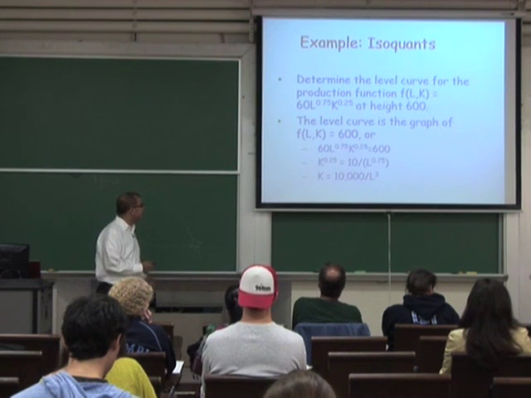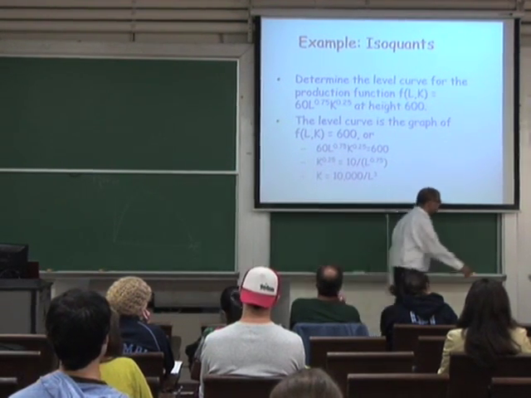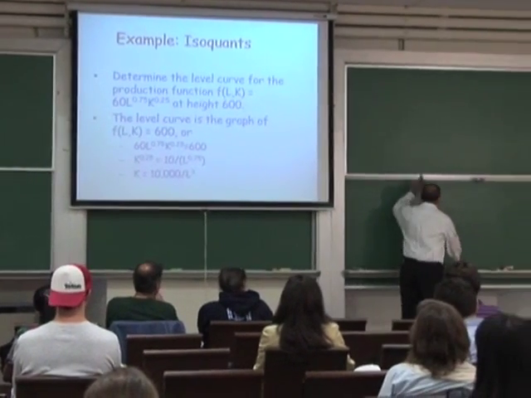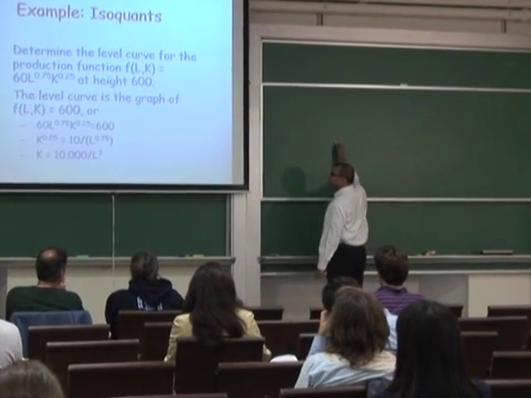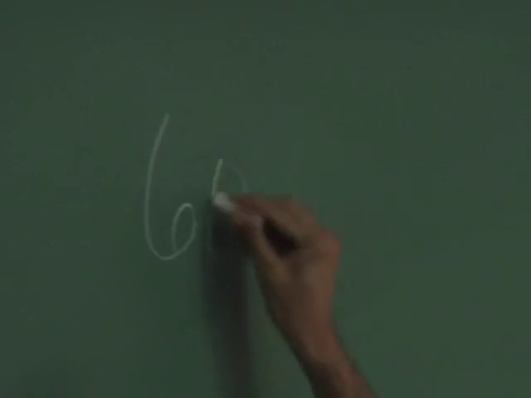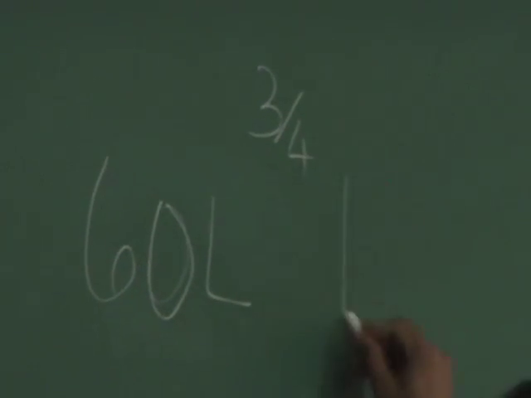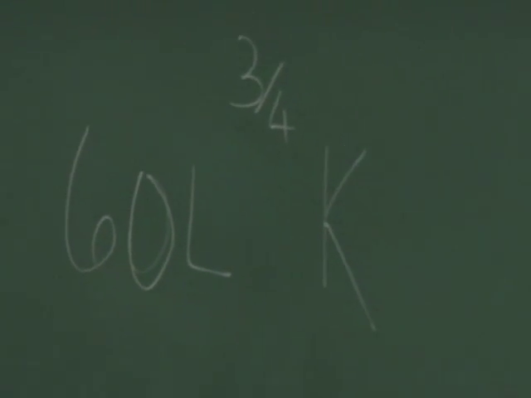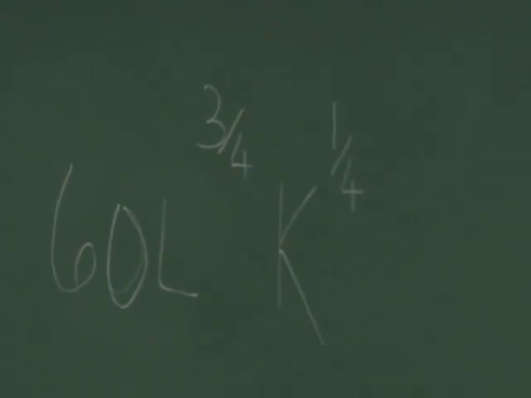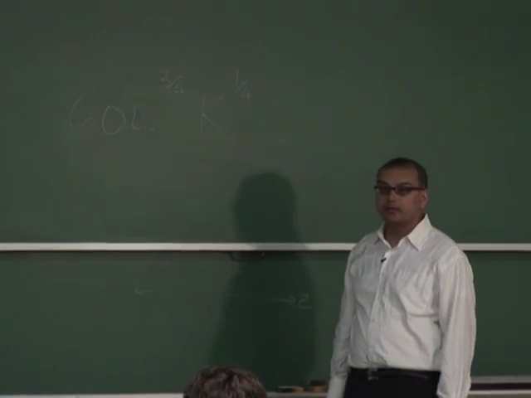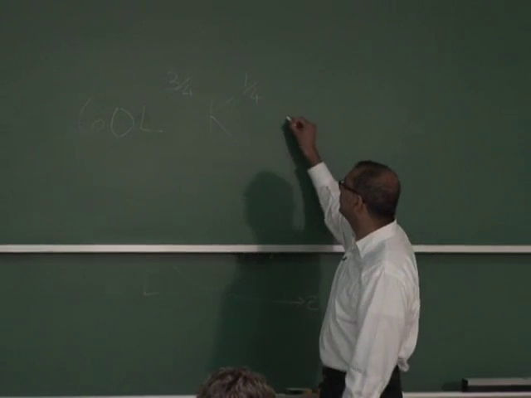So here 60L to the 3/4 times k to the 1/4 is a production function.